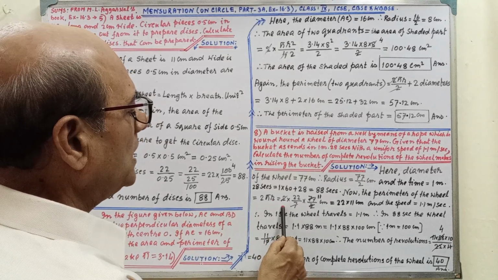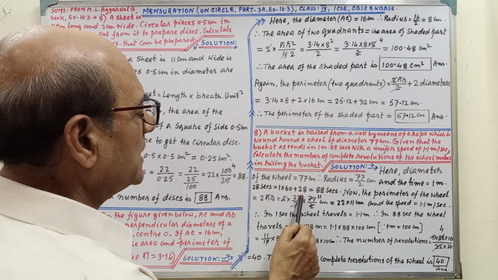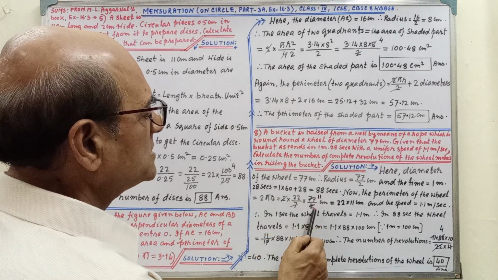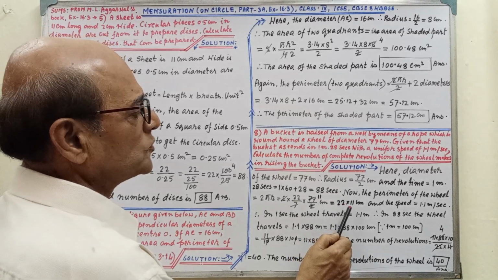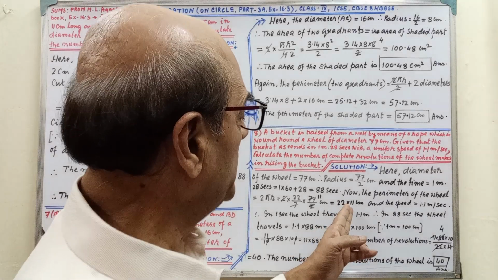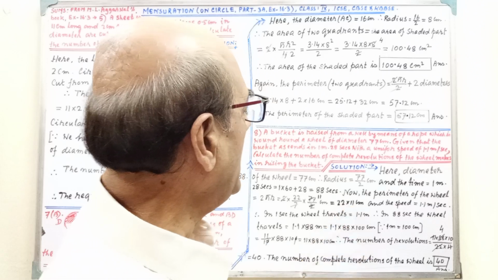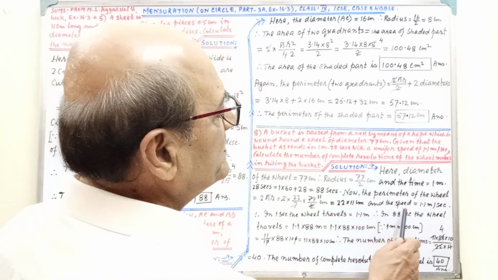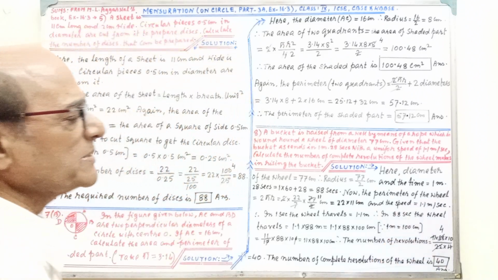After writing the formula, the value of pi is not given, so we may take 22 by 7, and the value of r is 77 by 2. After putting in and simplifying, we are getting 22 into 11. Without multiplying, if you keep it in this way, it will be easier for calculation. This is why I have taken it this way.